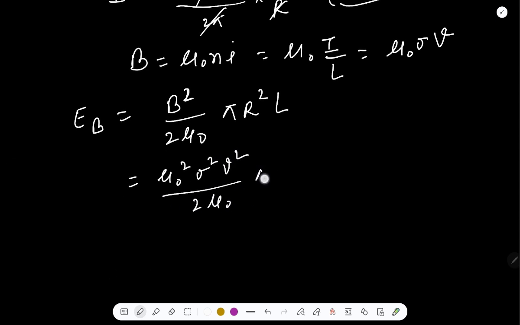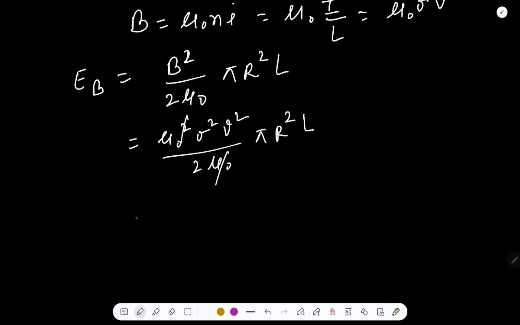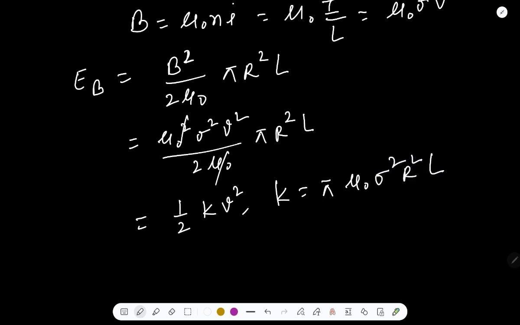And if we multiply it by the later terms pi r square L, we are going to get many things. And I would like to write this magnetic energy inside the cylinder in terms of half k v square, where k is a constant sort of thing, and its value will become pi mu naught sigma square r square L.